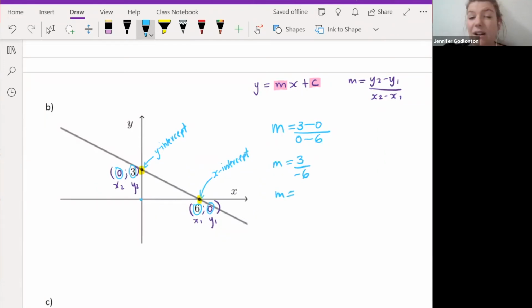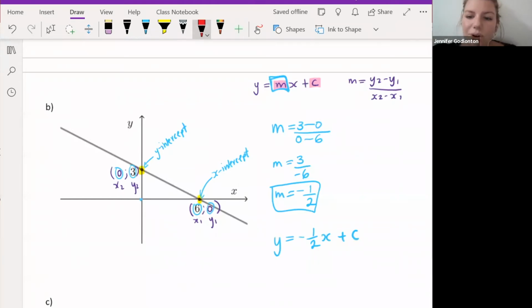And if we put that in our calculator to simplify, we'll get negative 1 over 2. That is my m value. Okay, so right now my equation is y is equal to negative a half x plus c.